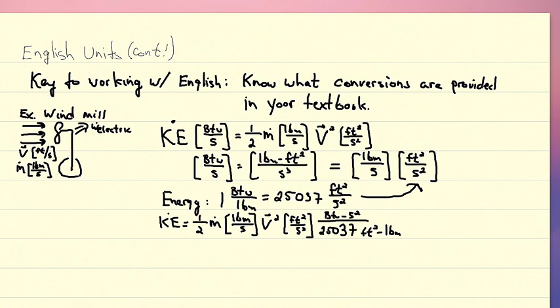That's my conversion factor. And so right away what I see is that my feet squared cancels, and something else pretty cool happens. My pound mass also cancels, and my second squareds cancel. And so now my kinetic energy rate is exactly in the units that I want. It's in the units of BTU per second.